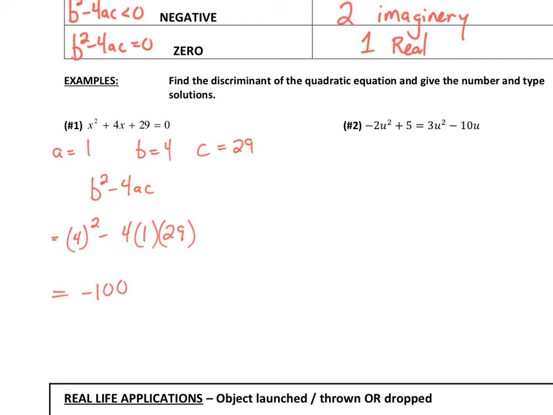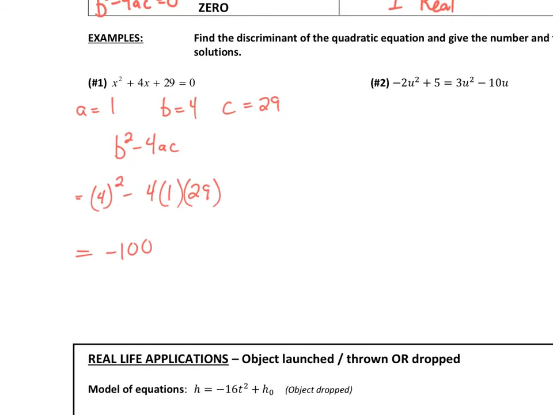If you type it in your calculator, you would get negative 100. So our discriminant is negative. That means we would have two imaginary solutions, because it's negative. So finding the discriminant tells you how many and what type of solution.